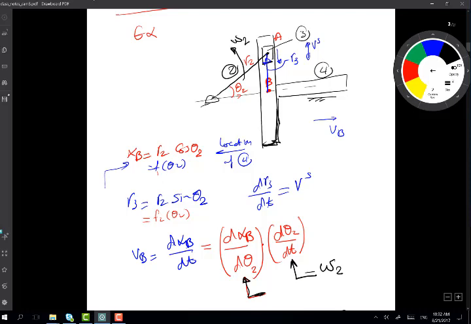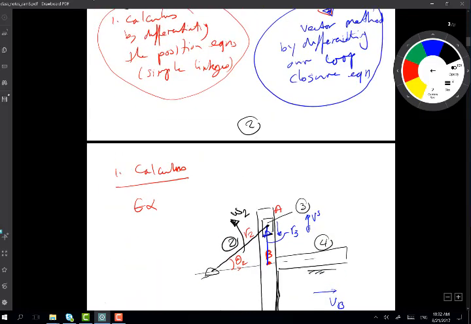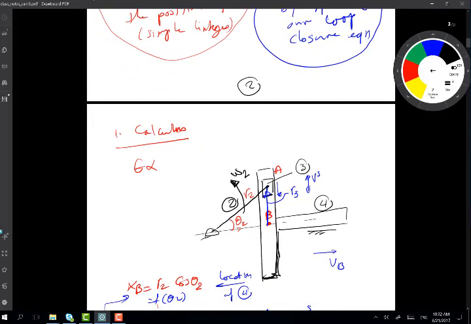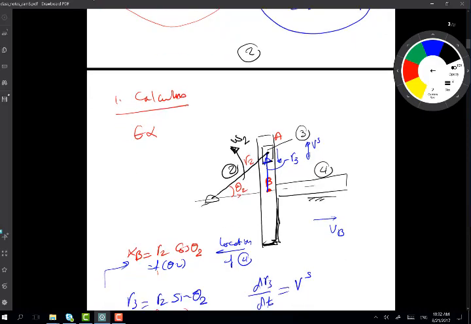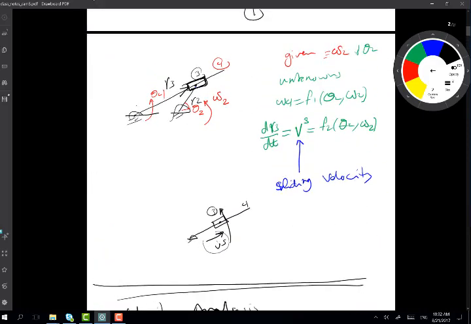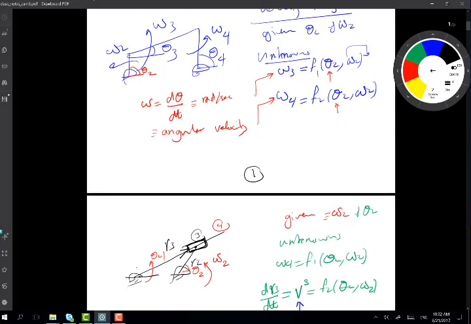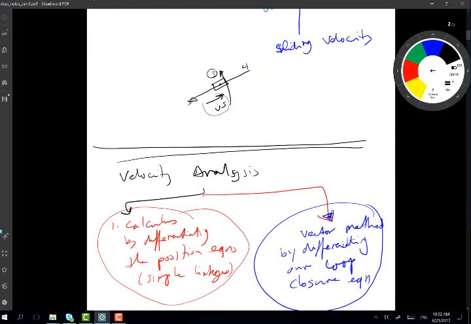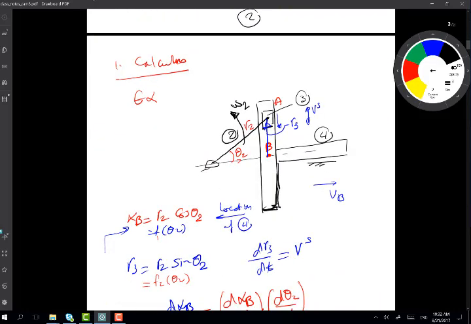because omega 2 is positive. For the angular velocity, if it was counterclockwise, I'll take this as positive, right? So positive omega will be counterclockwise. So I'm going to put a note here saying positive for counterclockwise, and negative for clockwise. Now, why is it positive for counterclockwise?